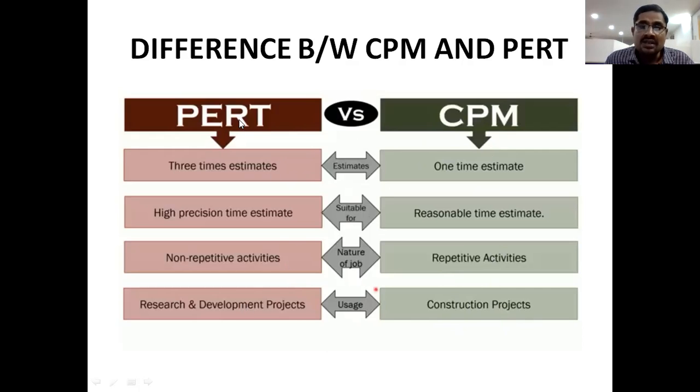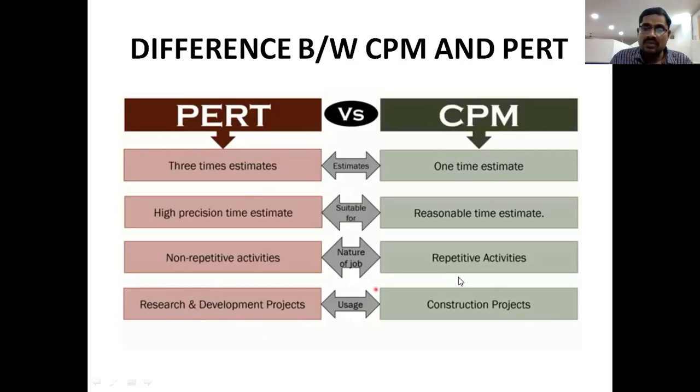But here the Project Evaluation Review Technique is used for research and development projects. Research, searching for new things, searching for innovations, searching for inventions. So innovations and inventions, and also research and development programs, all come under the Project Evaluation Review Technique, right?